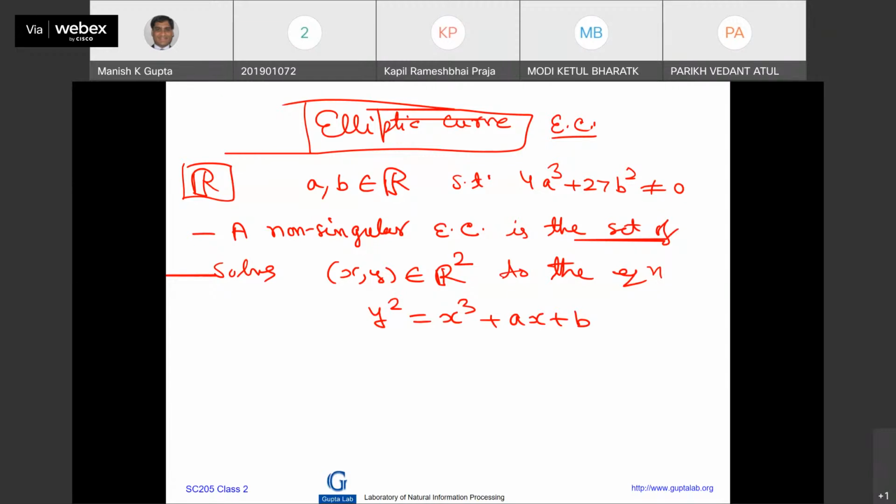So this is our elliptic curve. I will tell you why that condition is there. It looks like a very beautiful and simple thing, right? I think when you play with it and try to find the roots, you will observe that.